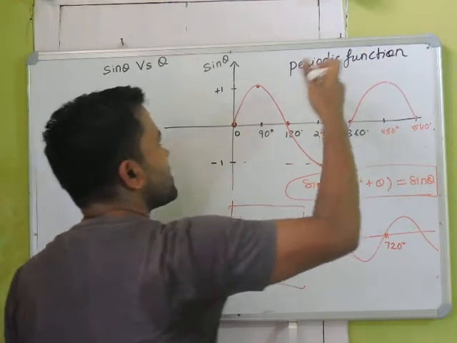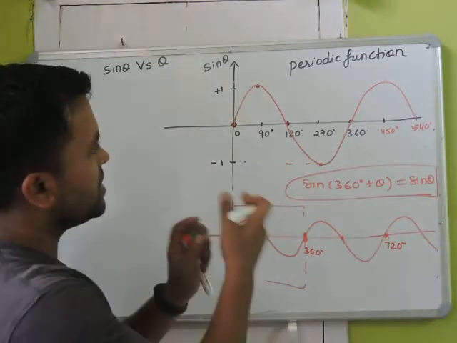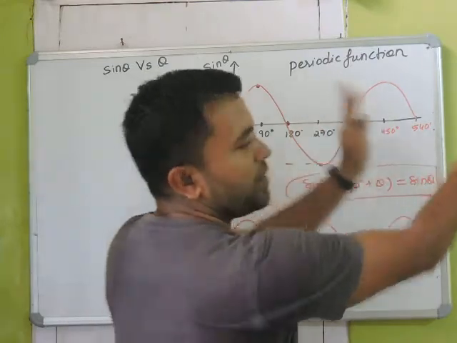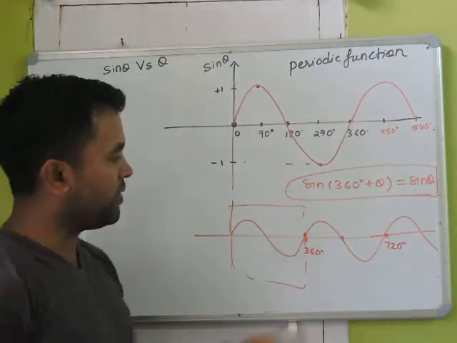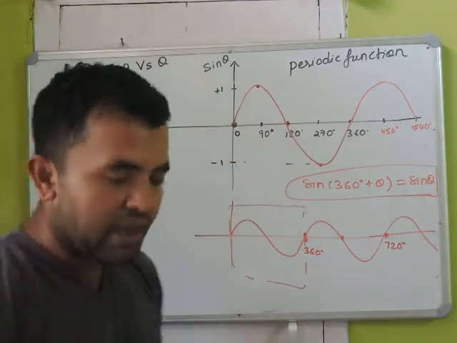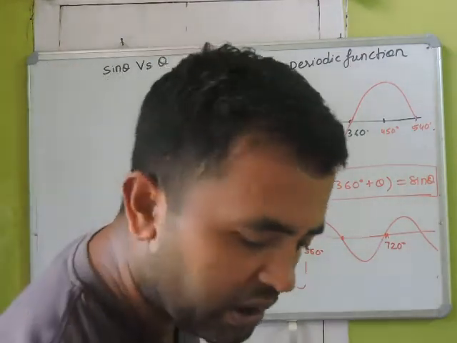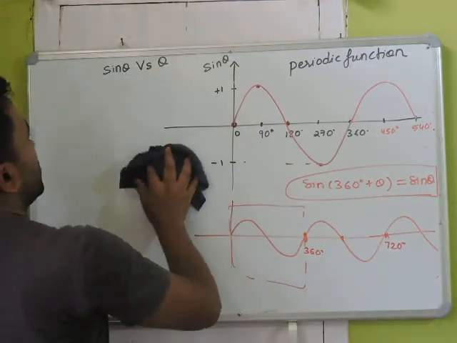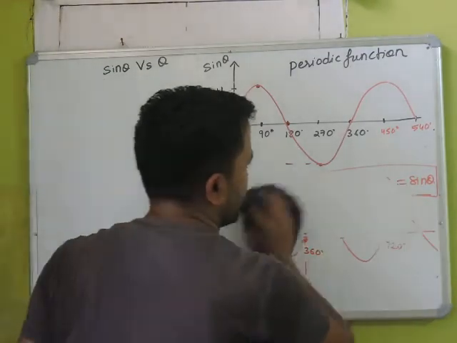Because it repeats its value after 360 degree. If you take a snapshot, this looks one way, and another part looks the same way. So it repeats its value, that is why it is a periodic function, and it is a very important function for dealing with waves. Now let us talk about the cosine function.